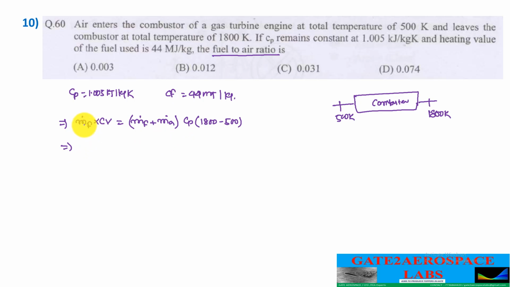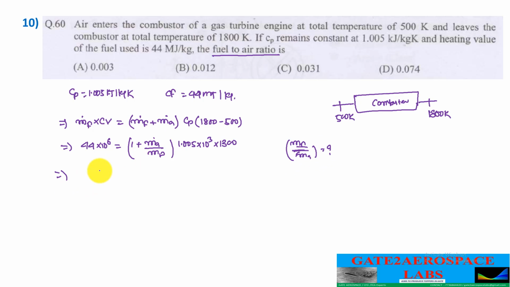So taking mf to this side, 44 into 10 to the power 6 will be equal to 1 plus mass of air by mass of fuel into 1.005 into 10 to the power 3 into 1300. We need to determine mass of fuel by mass of air.